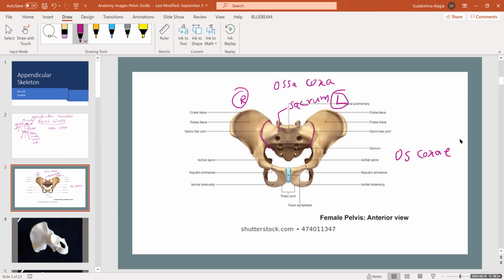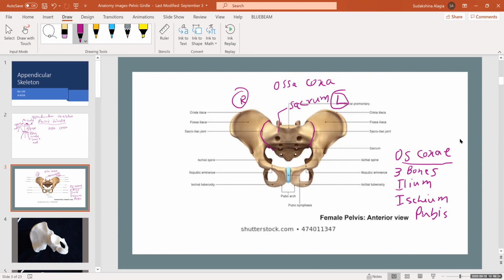Okay. So each os coxae is made of three bones, and these three bones are fused. But you can somewhat clearly identify them; two of them are easily identifiable. These three bones are what we call the ilium, ischium, and pubis.